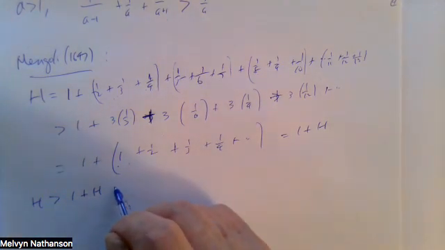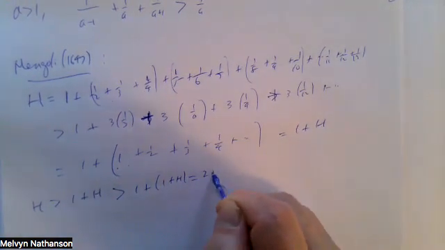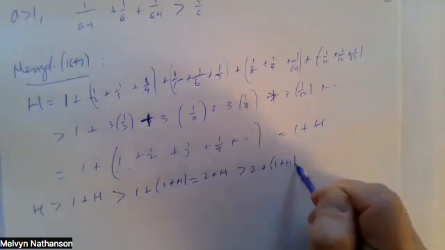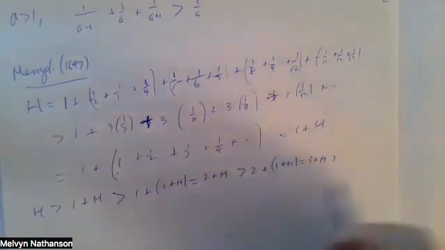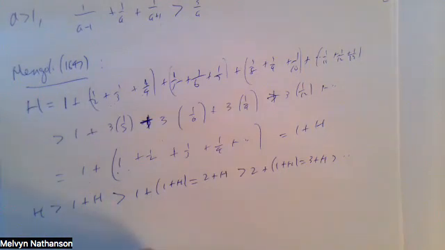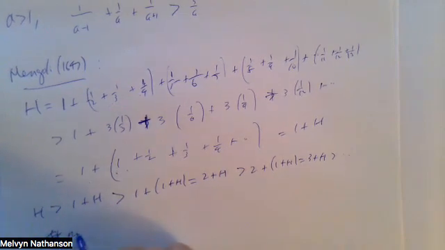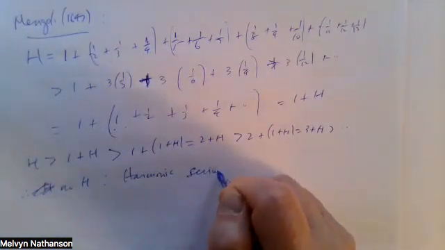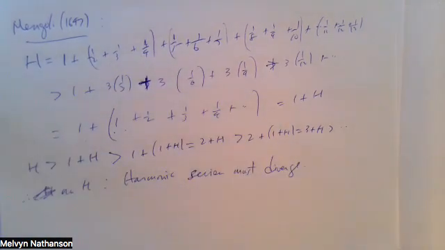Or what Mengoli did was say this is bigger than 1 plus h, which is bigger than 2 plus h, which is bigger than 3 plus h, and so forth. Ridiculous, impossible. So therefore, h does not exist. There's no h that is the harmonic series. It must diverge.